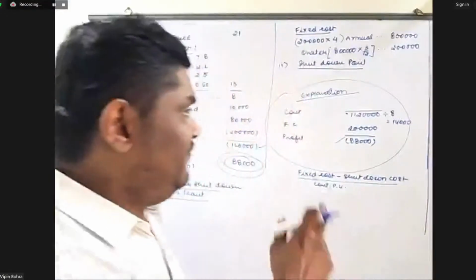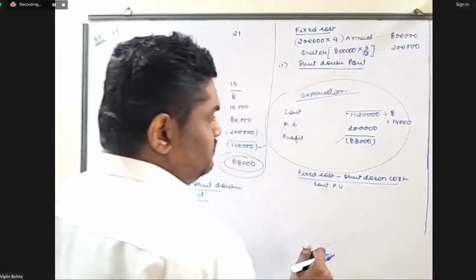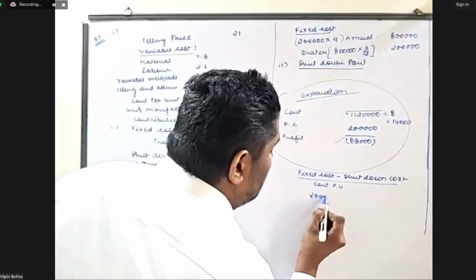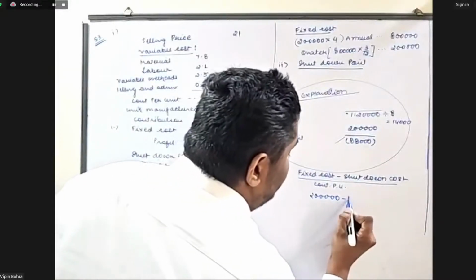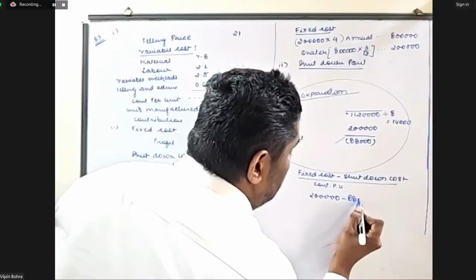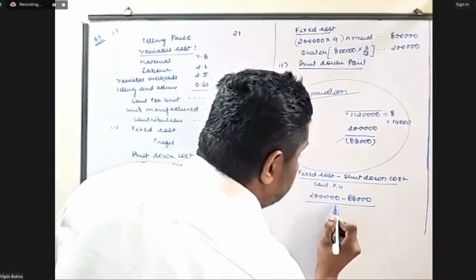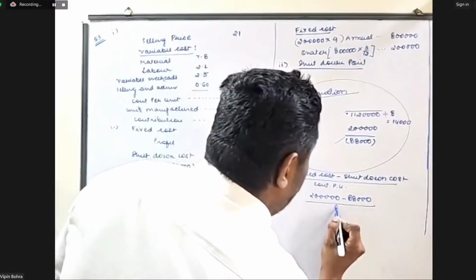Now it is correct. So my fixed cost is 2 lakh, my shutdown cost is 88,000, divided by 8.